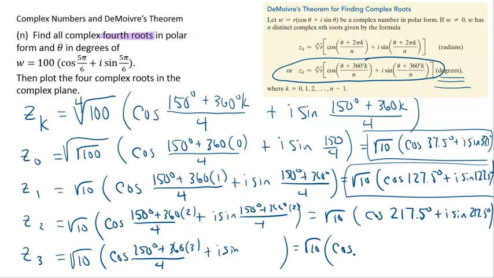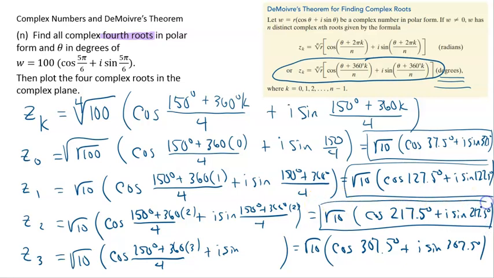That gives me a total of 1,230 divided by 4 is 307.5 degrees. And that's going to be plus I sine of 307.5 degrees. Please forgive me for the handwriting, but I think you're following me, right? Okay. That is your 4 distinct roots.